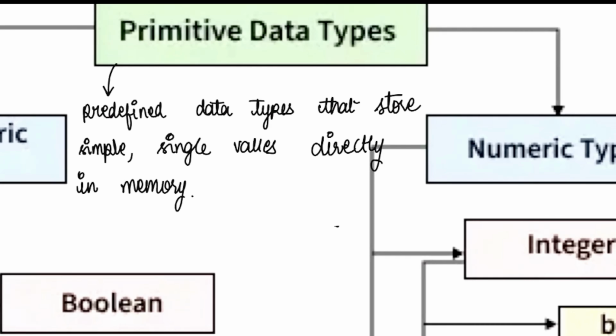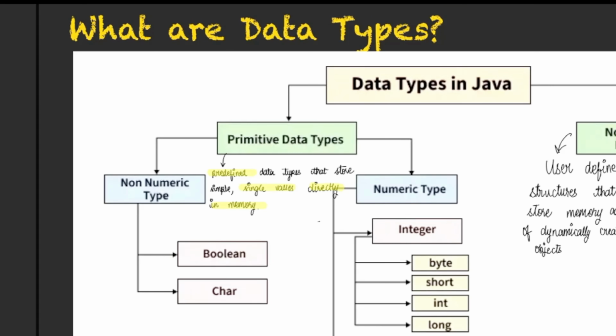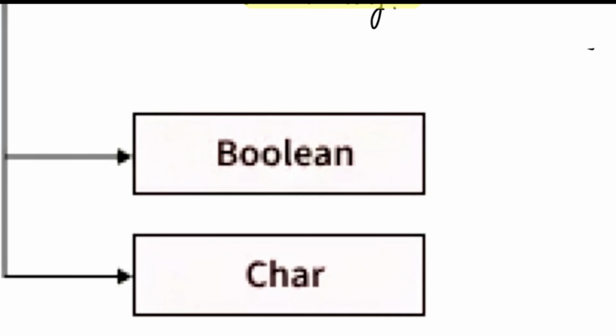Primitive data types are predefined data types that store simple single values directly in memory. Primitive data types can be divided further into two: non-numeric and numeric. Non-numeric are Boolean and characters. Boolean has two values: true or false.